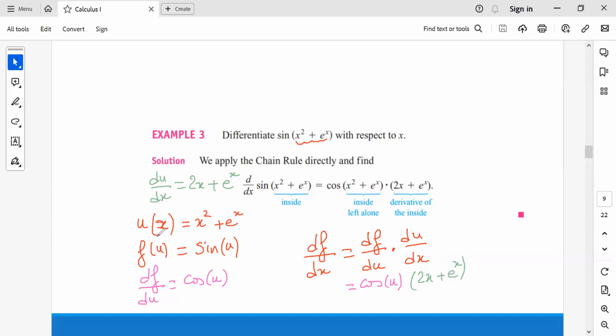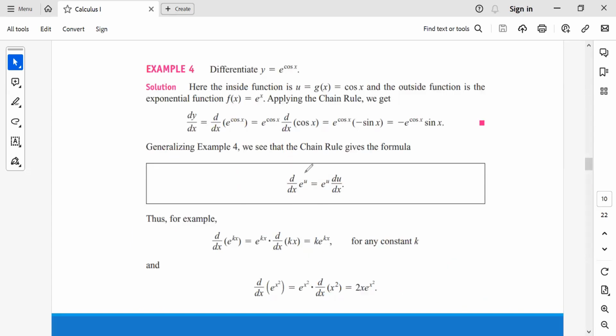And finally, we express the function in terms of x. We replace u by its expression: cosine of x squared plus exponential x, times 2x plus e to the x. And we are done.